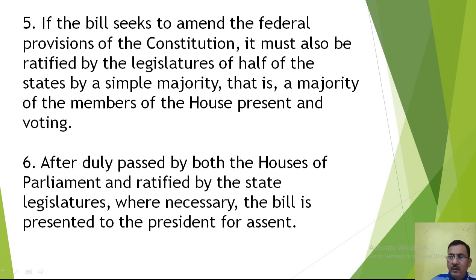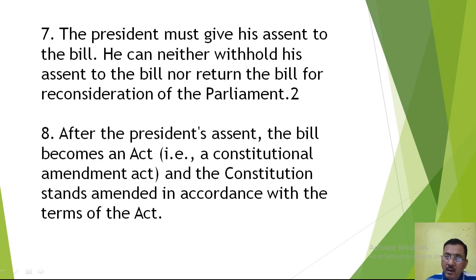And once the President gives his assent, the bill becomes the constitutional amendment and it is endorsed in the Constitution of India. So this is the normal procedure which is followed as far as the constitutional amendment in India is concerned.